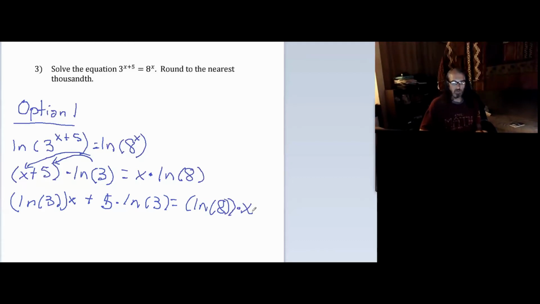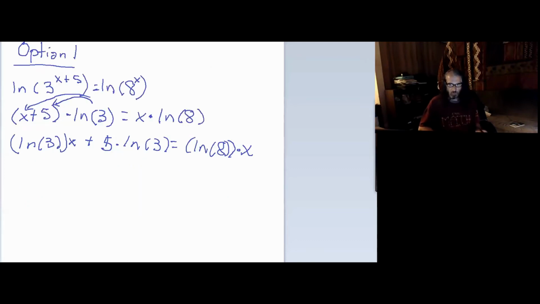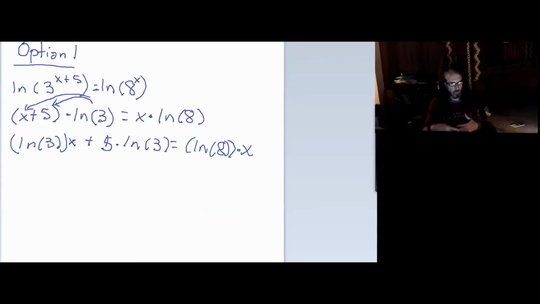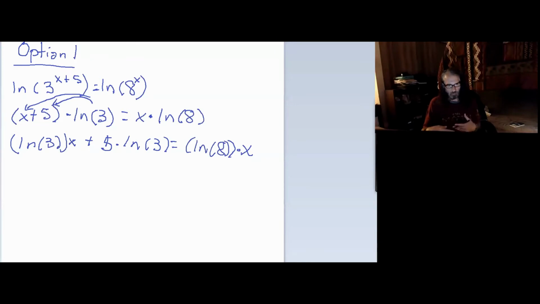Now, to a lot of people, that starts to look pretty messy. Well, if you just remember, natural log of 3, natural log of 8 are just numbers. Let's get the terms with x together on one side and terms without x on the other.